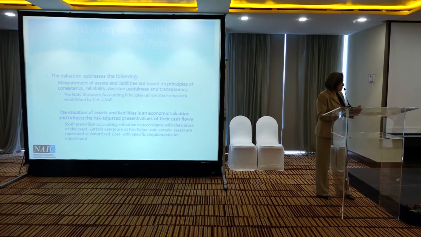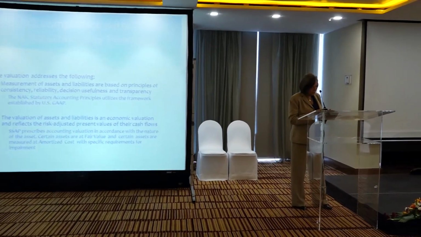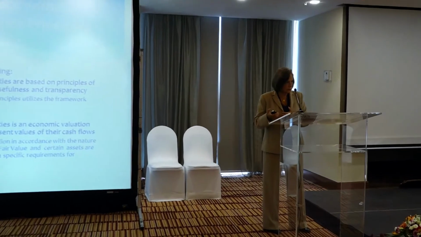As in any system, you have to look at the nature of the assets held for fair value, as we discussed earlier, those other assets that are subject to amortized cost measurement, and these are held-to-maturity assets or loans. There are specific parameters, specific requirements in our policies and procedures that provide risk adjustments to these assets so that they are very carefully evaluated for impairment.